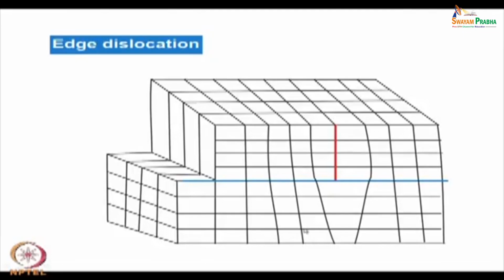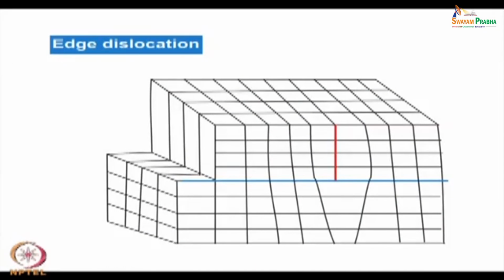Now, if there is a cooperative movement where all of them are moving simultaneously, then we need a very high stress. That is the theoretical stress we calculated. So, if all the atoms on the plane are moving simultaneously, you need a much higher stress.